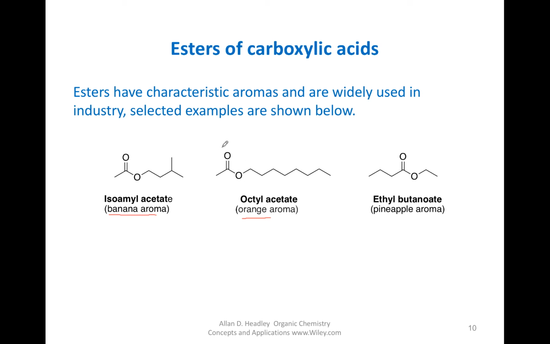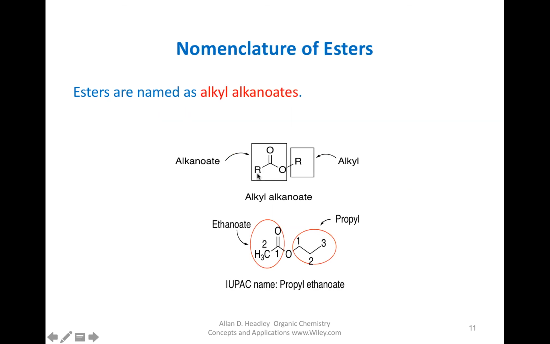This is right here, but notice the ester functionality is right here. And another one here is pineapple, and here's the ester functionality. So these molecules differ from each other based on the R group that are here. So this is a methyl, but this group here is different from this group. So that gives it a different molecule and hence different in properties.